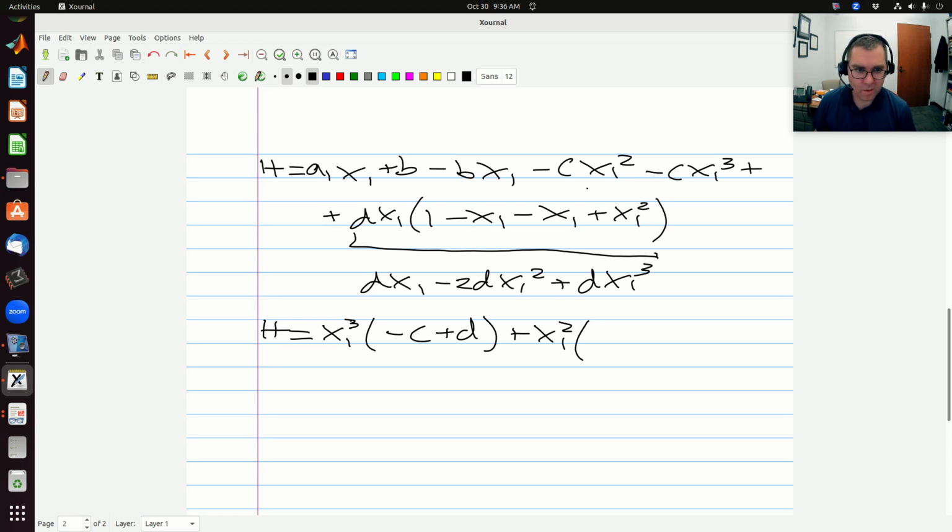So x1 squared, I have another minus c, and then minus 2d. Power 1, so plus x1, I have a minus b plus d. And then my order x to the 0 is I just have constant b. Just b. Phew.